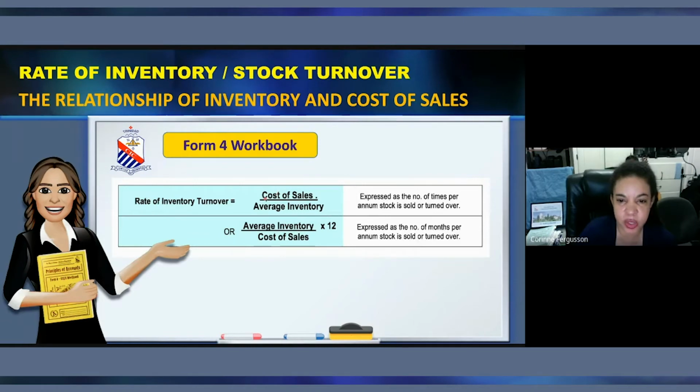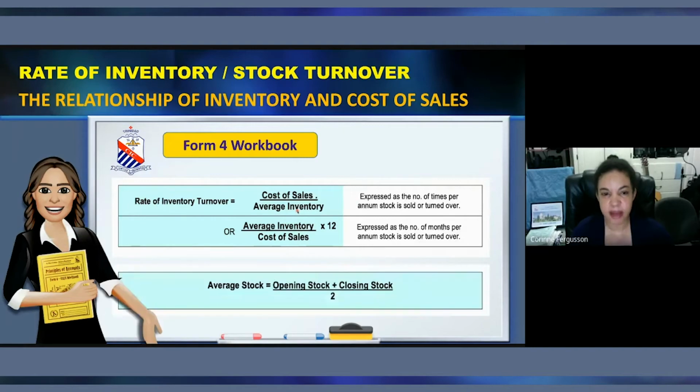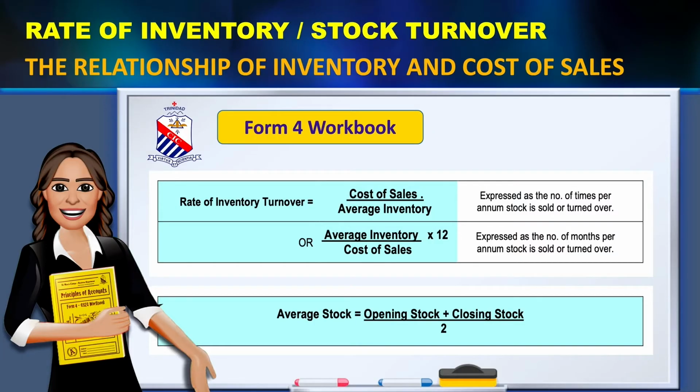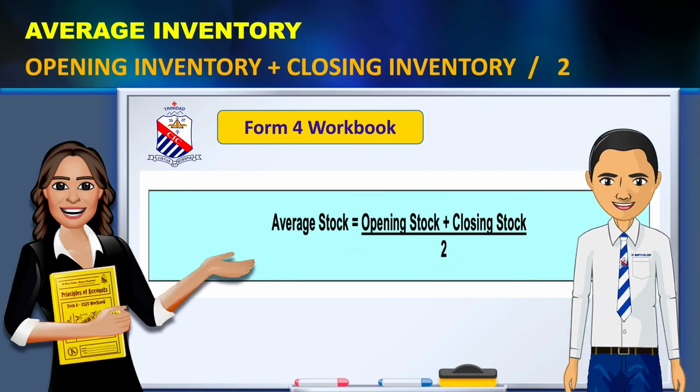The two things are cost of goods sold or cost of sales, which you get in your income statement, and average inventory. Average inventory is something we have to work out. So in order to work out our rate of stock turnover, the first thing you're going to have to work out is your average stock or your average inventory.